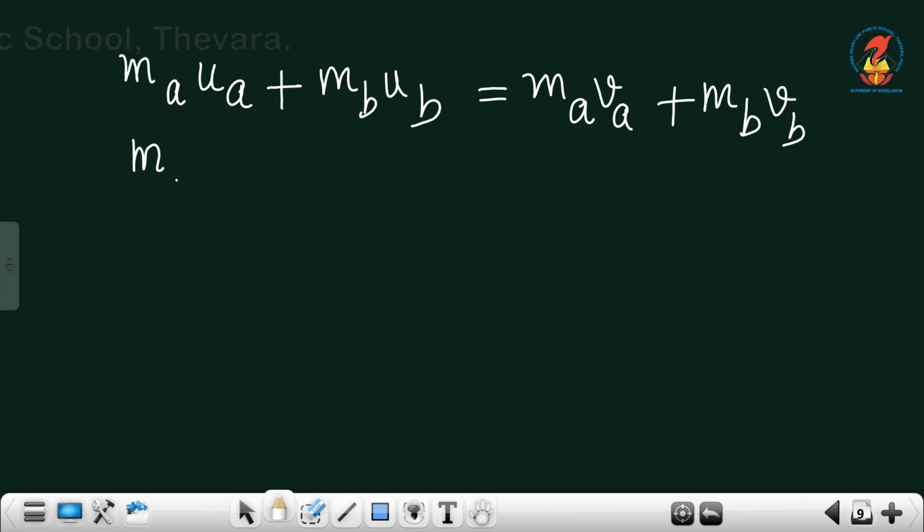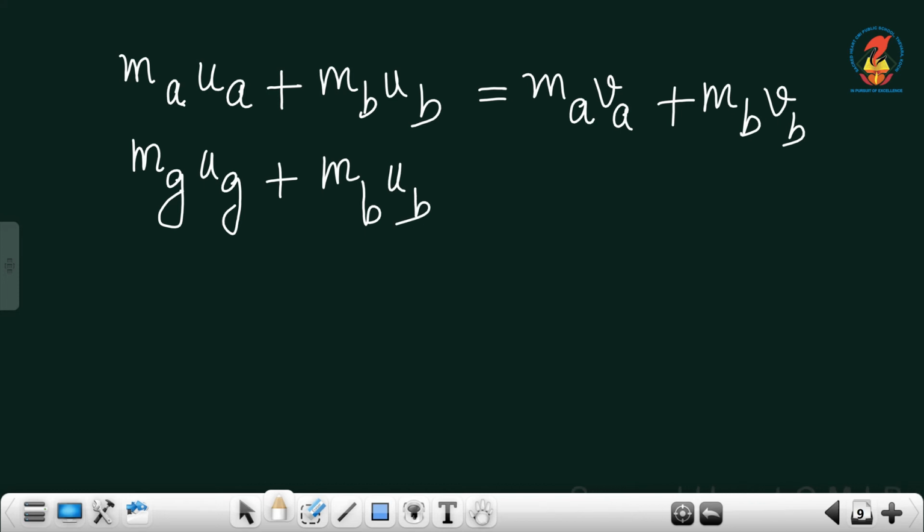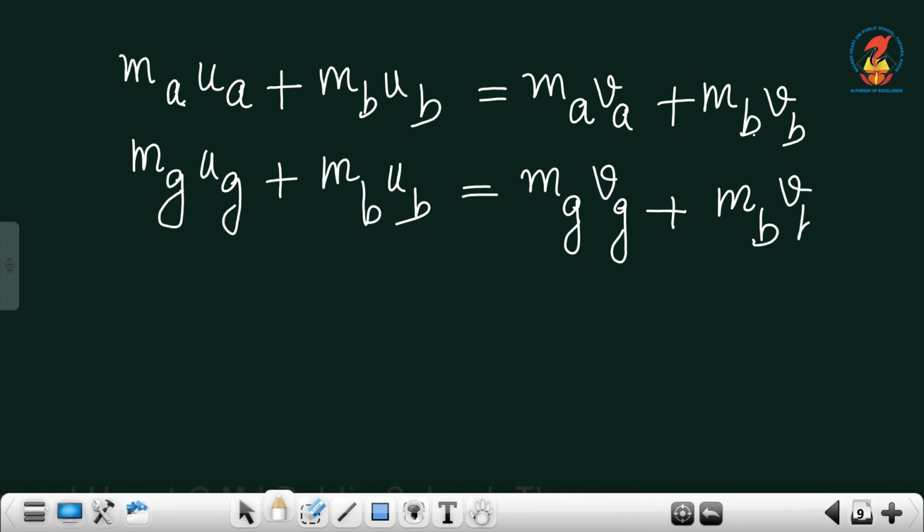Here, instead of the first object we have the gun, so we rearrange the equation into our terms: MGUG plus MBUB is equal to MGVG plus MBVB.